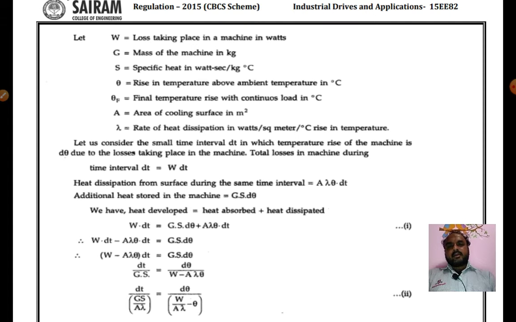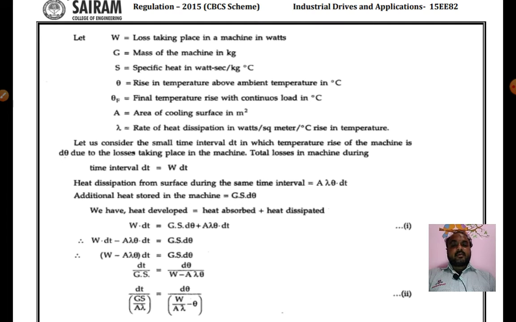So W is the loss taking place in a machine in watts. G is equal to the mass of the machine in kgs. S is equal to specific heat in watt second per kg. Theta is equal to the rise in temperature above ambient temperature in degree centigrade.